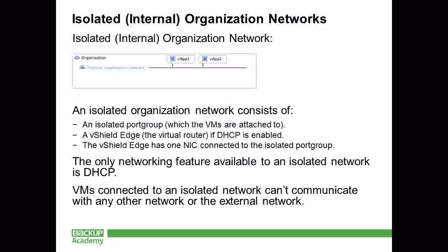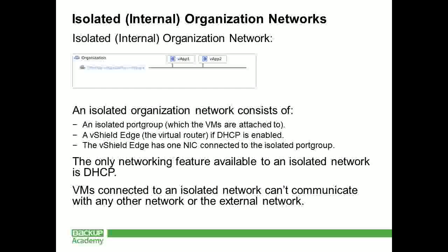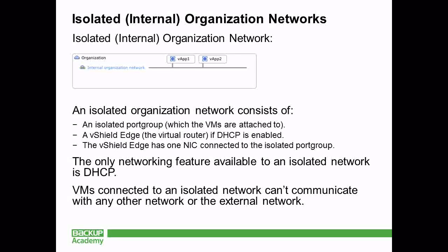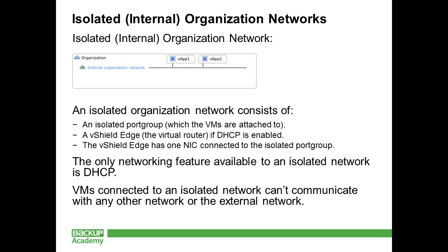An isolated internal organization network is exactly that. It's just an isolated port group on a vSwitch. So if you imagine in the older days when you used to create lab environments, we used to just create a vSwitch with no uplinks and create port groups on there and attach your VMs to it. So you could have all these VMs talking to each other without them actually leaving the host.